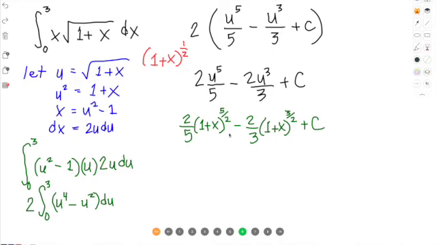This is our equation, and now the thing left to do is to plug in our lower and upper bound.